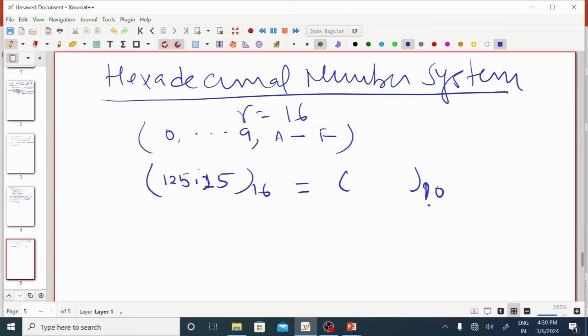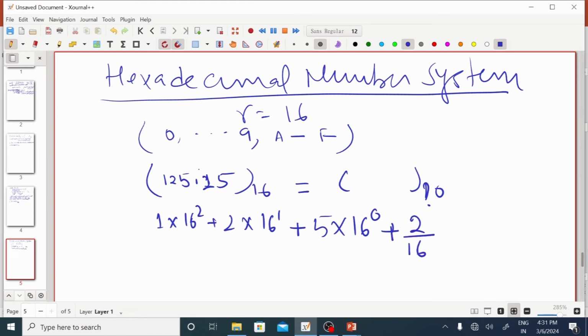Here, 1 multiplied by 16 to the power 2, plus 2 multiplied by 16 to the power 1, plus 5 multiplied by 16 to the power 0, plus 2 divided by 16, plus 5 divided by 16 squared.